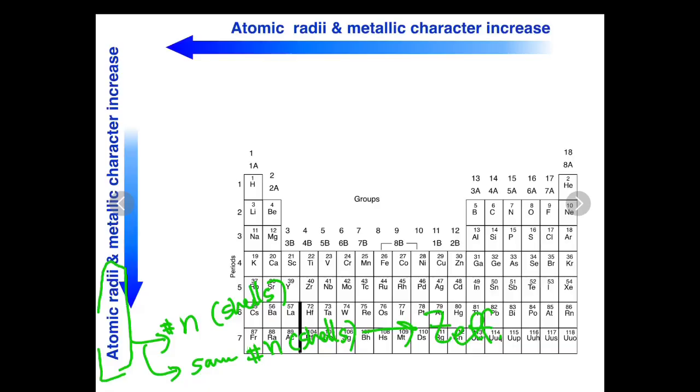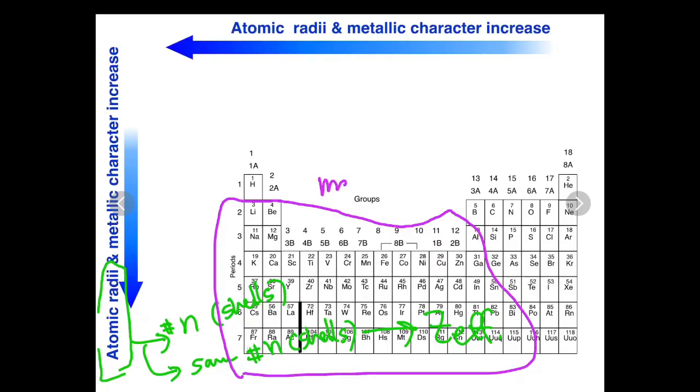Okay, and this size is going to help determine the metallic character as well, because as the size gets bigger, the atom is going to lose electrons easier because the outer electron is further away from the nucleus. Therefore, the bigger atom would exhibit more metallic character. So that's why when we talk about metal versus non-metal, you will notice that pretty much all of these here are metal.